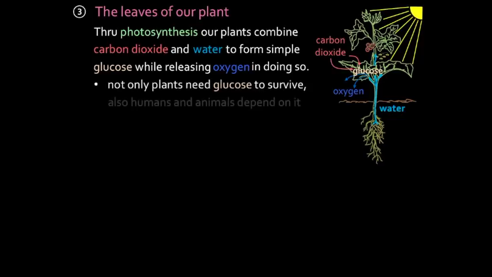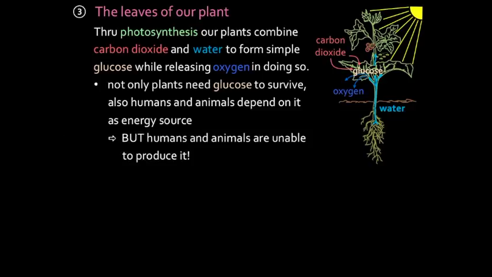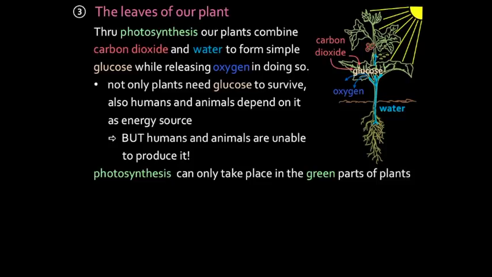Not only plants need glucose to survive, also humans and animals depend on it as energy source. But humans and animals are unable to produce it. Photosynthesis can only take place in the green parts of plants.